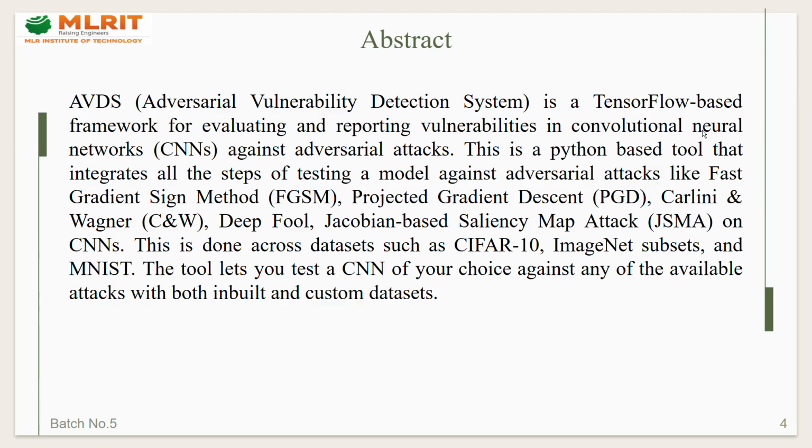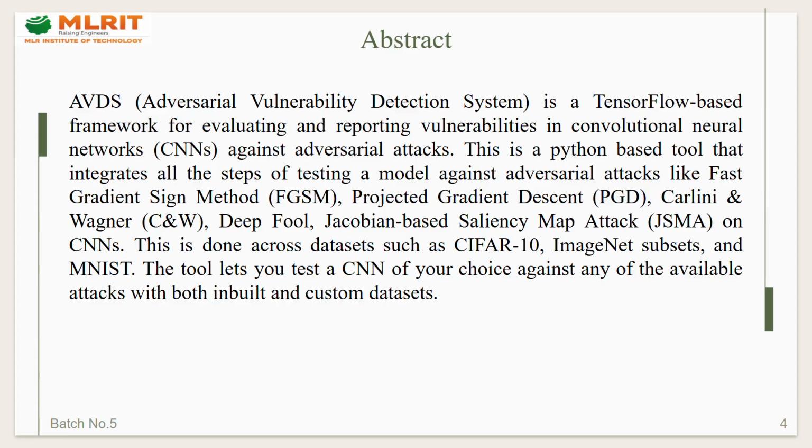Adversarial Vulnerability Detection System is a TensorFlow-based framework for evaluating vulnerabilities in convolutional neural networks. This is especially against adversarial attacks, attacks that are mostly unnoticed and ignored by everyone. This is a Python-based tool that integrates all the steps of testing a model against adversarial attacks.